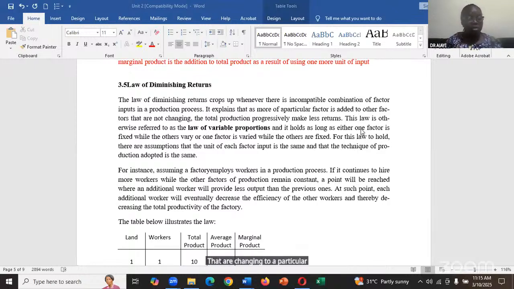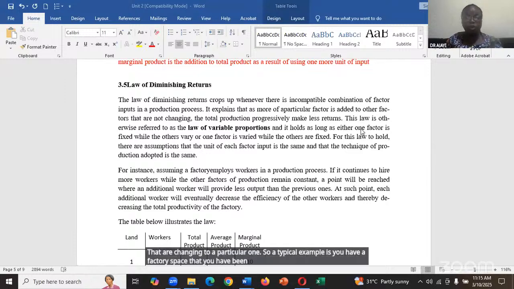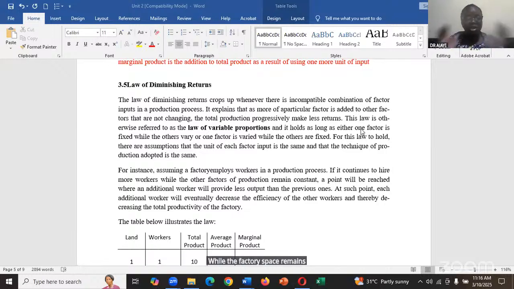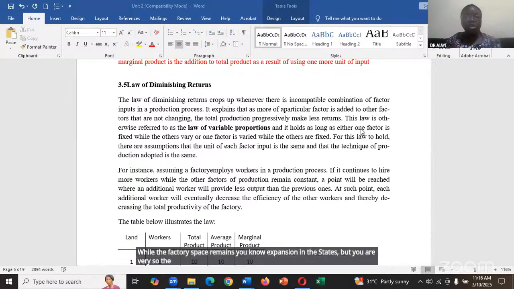A typical example is a factory space that you have been using in your production process, and you keep bringing in 10 workers, 20 workers. You keep increasing some other things that you are using within the factory space, while the factory space remains the same, with no expansion in the space.